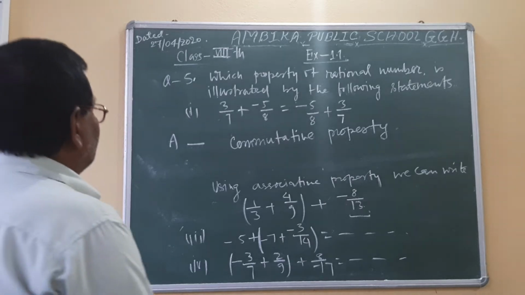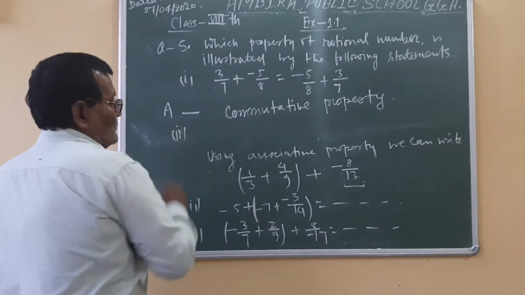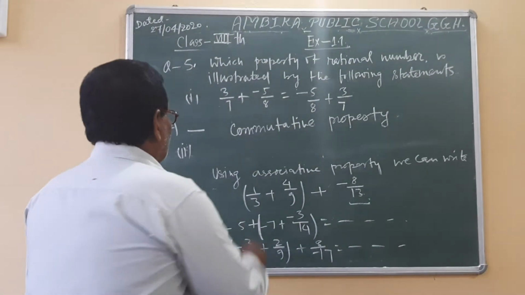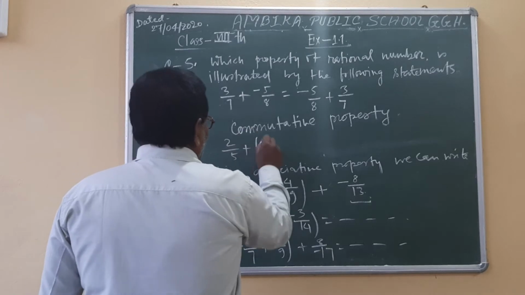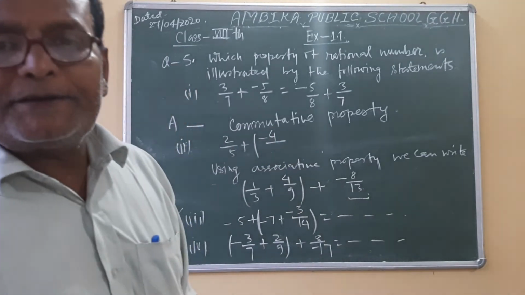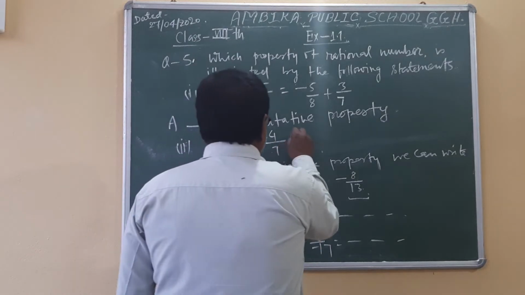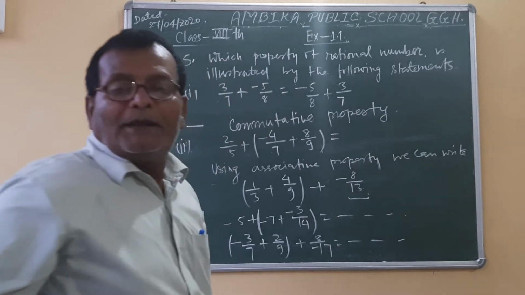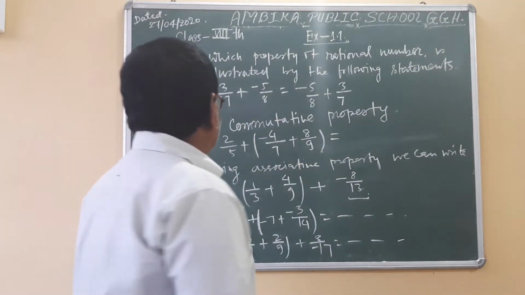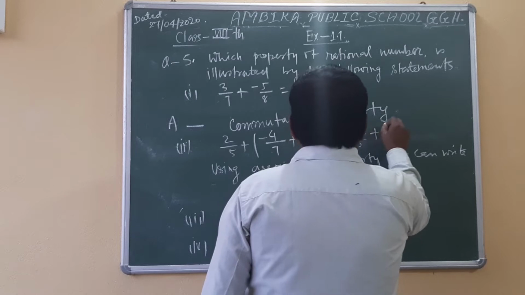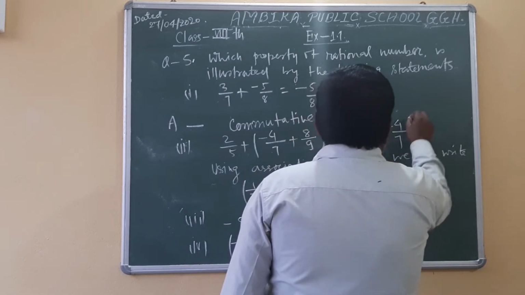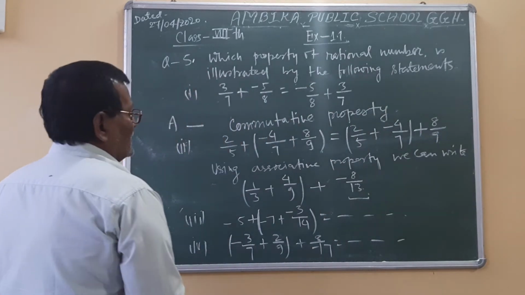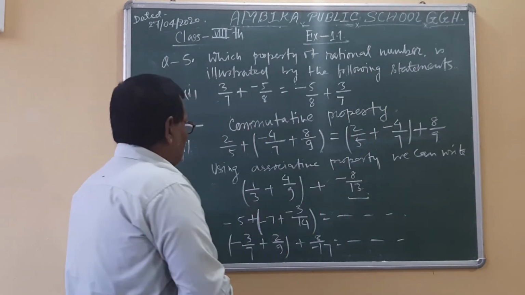Question number 2 is: (2/5 + (-4/7)) + 8/9 is equal to 2/5 + ((-4/7) + 8/9). To solve this problem, you only have to write the name of the property.